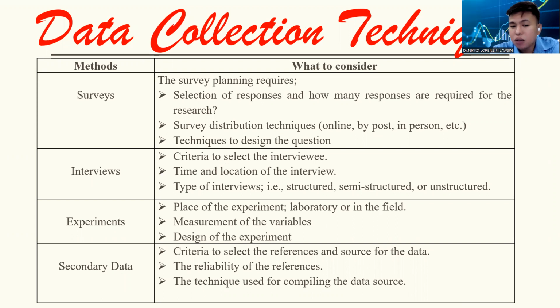For experiment, place of the experiment could be in the laboratory or in the field. For experiment, measurement of the variables, design of the experiment. For secondary data, criteria to select the references and source of data, reliability of the references, and techniques used for compiling the data source.